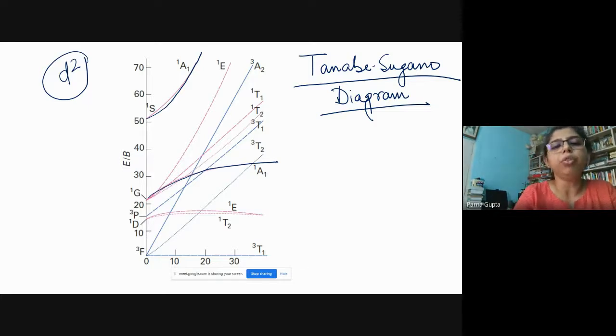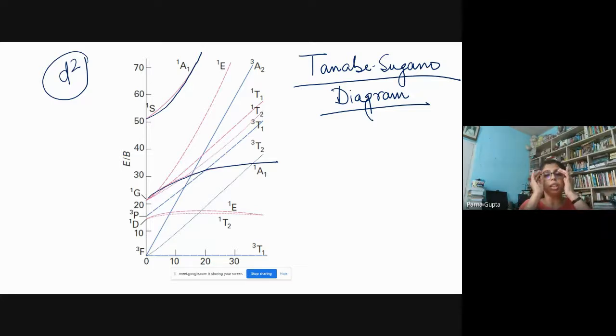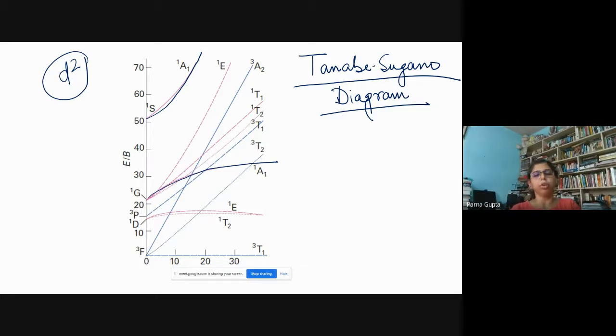Or the transition is given, and the energy difference and everything will be given. You have to just understand how to read the Tanabe-Sugano diagram, and you will find it. We'll do it, so don't worry.